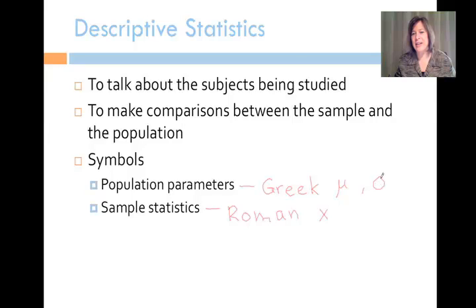Sigma, small sigma, is standard deviation for the population, whereas a simple s is typically used to stand for the standard deviation in a sample. I don't want to get too caught up in the symbology of statistics, but it's important to understand when you see these symbols in a research article what they are referring to.